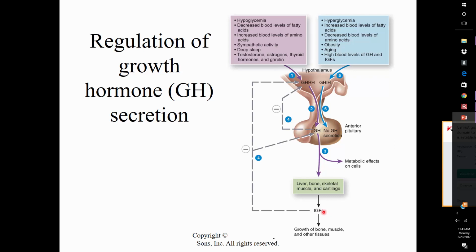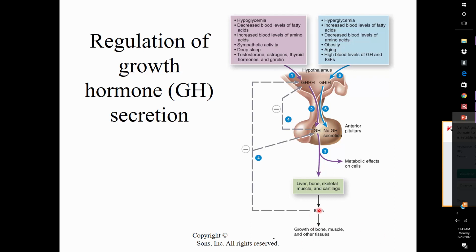And IGF-1 causes cells in cartilage to produce factors that promote cell division. That's particularly true in cartilage, or cause cells to grow in size. So muscle cells aren't necessarily going to grow in number, but they're going to grow in size.